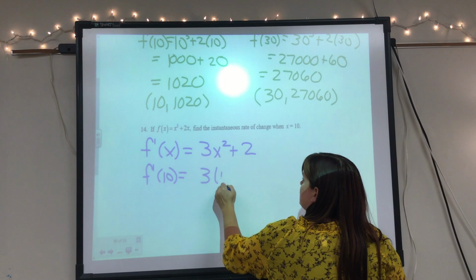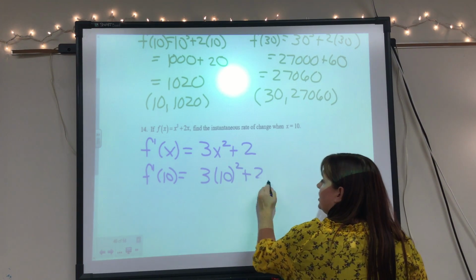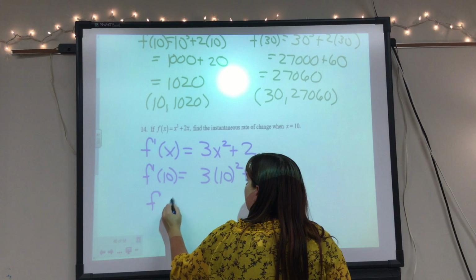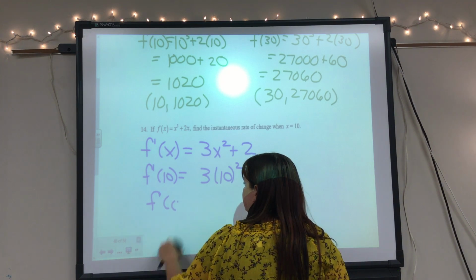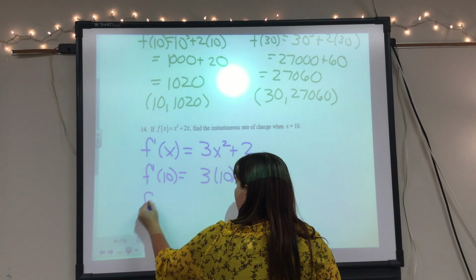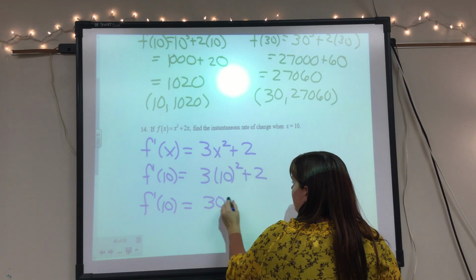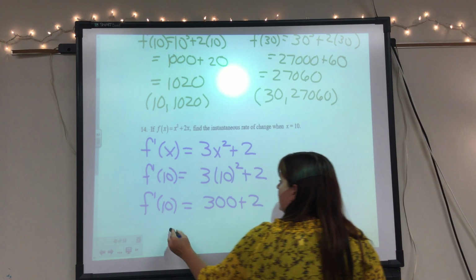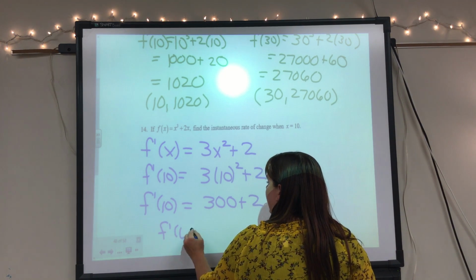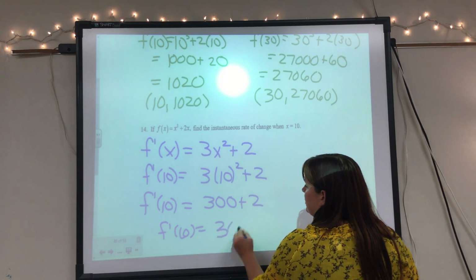So 3 times 10 squared plus 2, so f prime of 10 equals 300 plus 2, which equals 302.